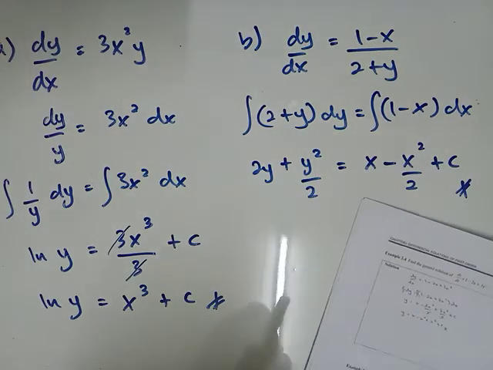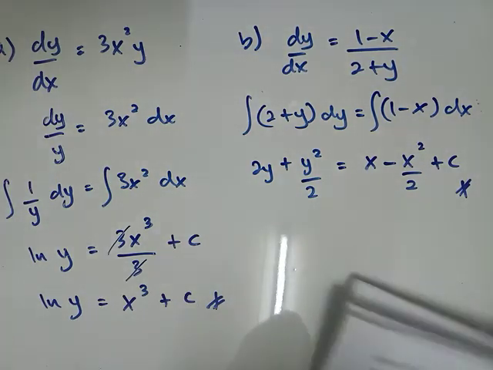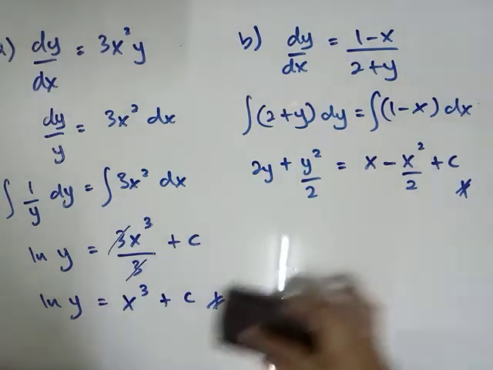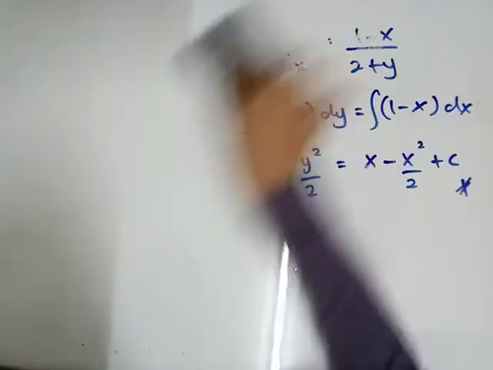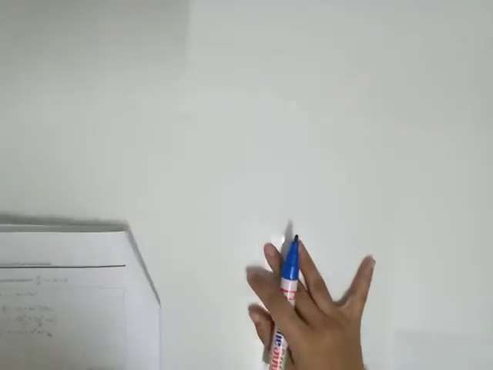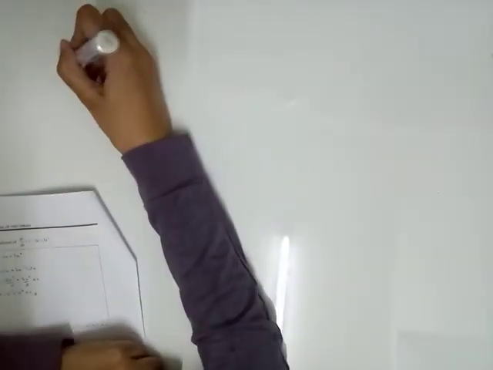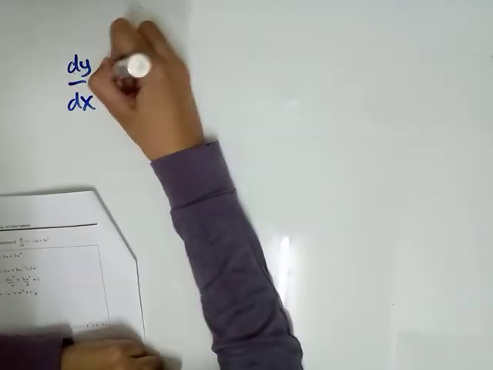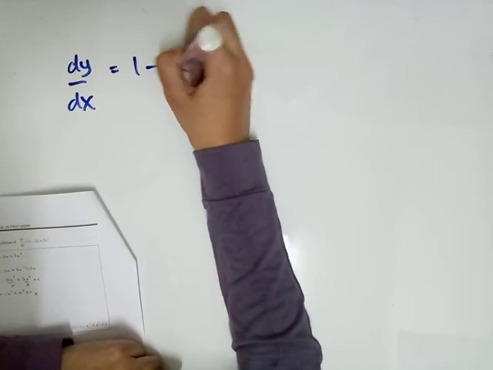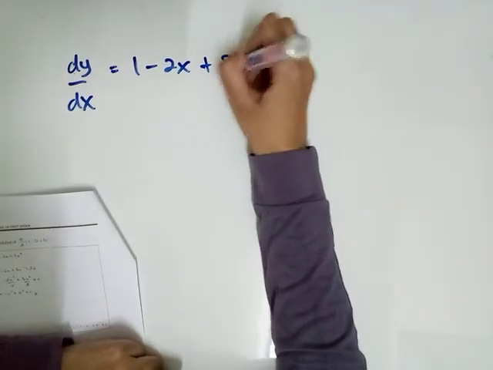And then look at example 3.4. We have question dy over dx equals 1 minus 2x plus 3x square.